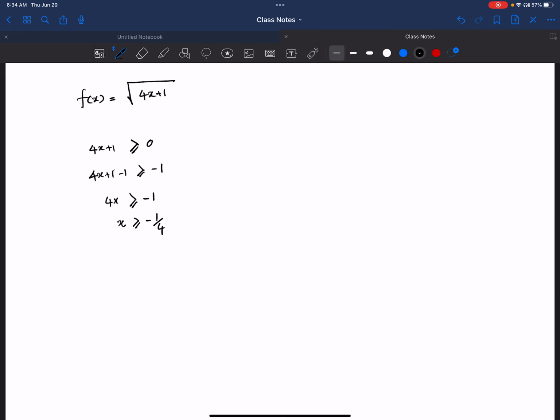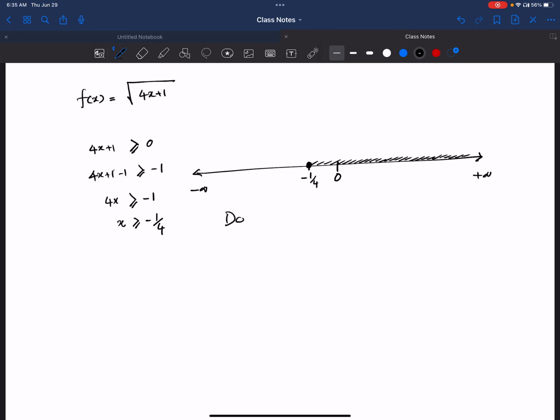If I draw the real number line, this is 0, this is negative infinity, this is positive infinity, and I have negative 1/4 here. All the values including negative 1/4 and beyond are in the domain.